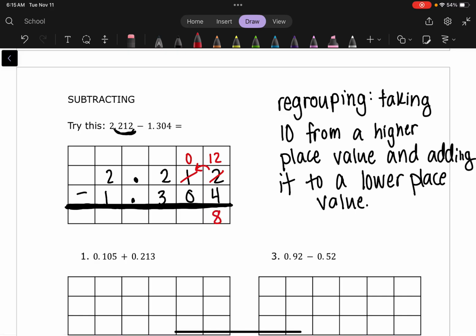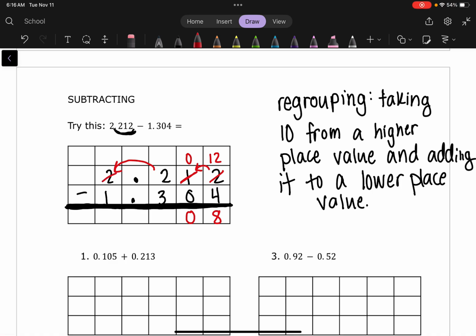Then we go to our other side. Remember, our 1 got crossed out, so 0 minus 0 is 0. I have to do the same thing with my 2 minus 3 because I don't have enough to take away 3 from 2. So I'm going to go over the decimal to my 2 over here and say, hey, 2, do you have any 10s I could borrow?